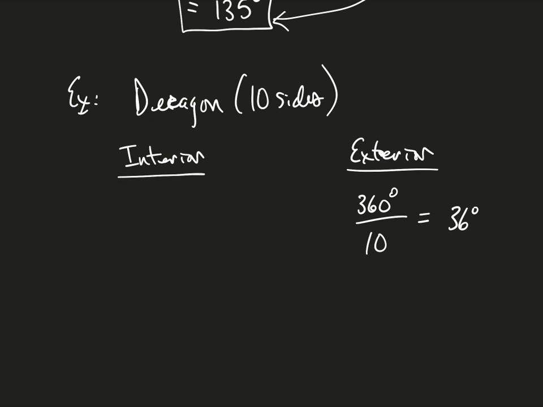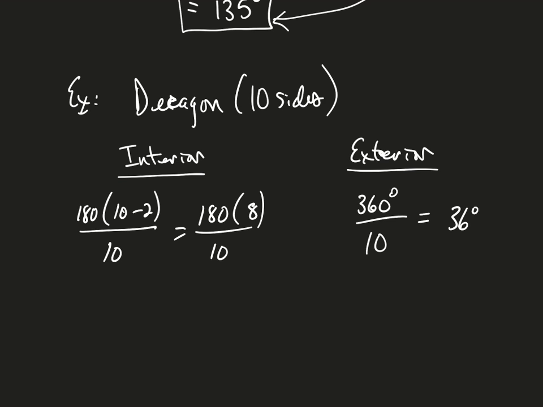The interior is a little bit tougher because we have to find the sum of all of the interior angles, which is 180 times the number of sides minus 2. And then we have to divide by how many interior angles there are. So the math turns into 10 minus 2, 8. 180 times 8, which is 1,440.